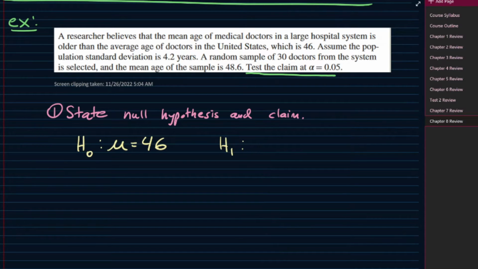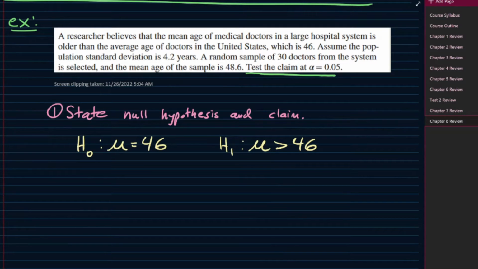And what is the researcher testing? The researcher believes that the mean age of medical doctors in a large hospital system is older than that. So we're going to be trying to test to see if this is bigger. That's our claim.